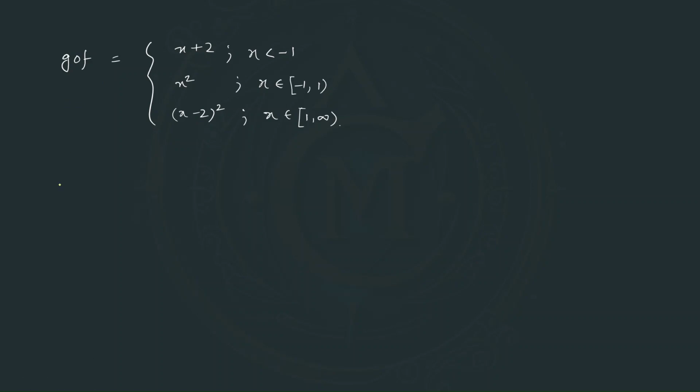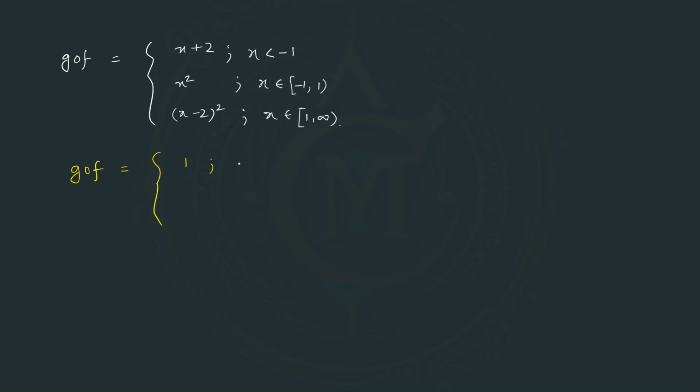Now we can simply say that if we differentiate this function and check the continuity of the derivative of this function, we can tell whether this function is derivable at x equal to 0 or not. So we can differentiate piecewise.